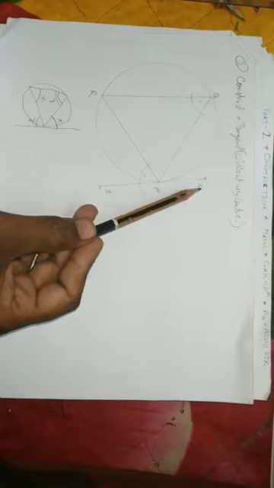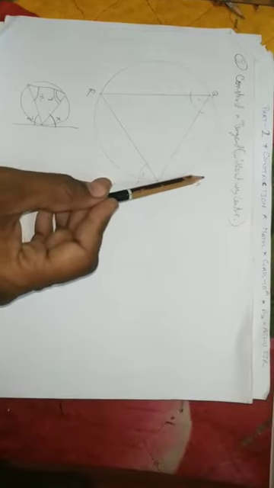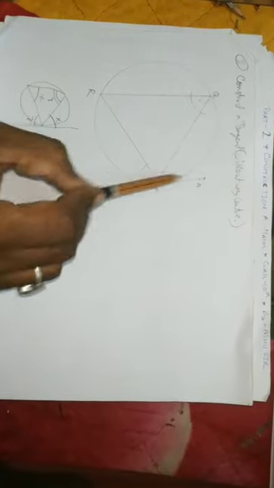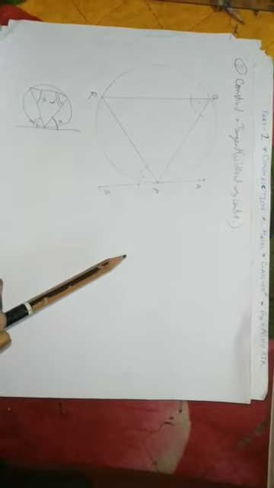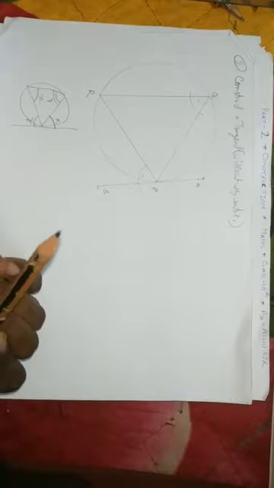These are called the alternate segments. Then we draw an equal angle to R, and the line made by the equal angles is the tangent at point P. Okay, so pause the video and draw it.